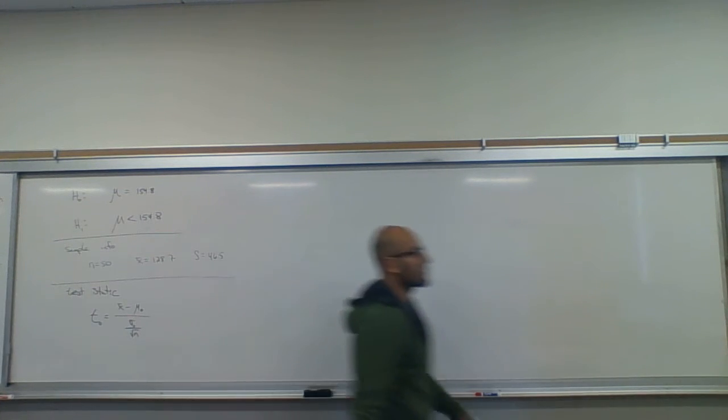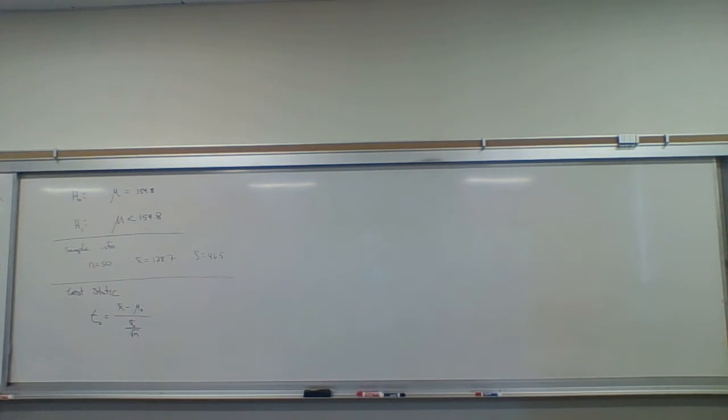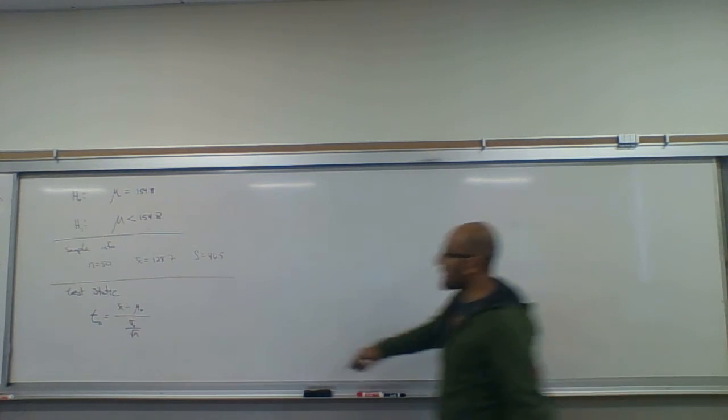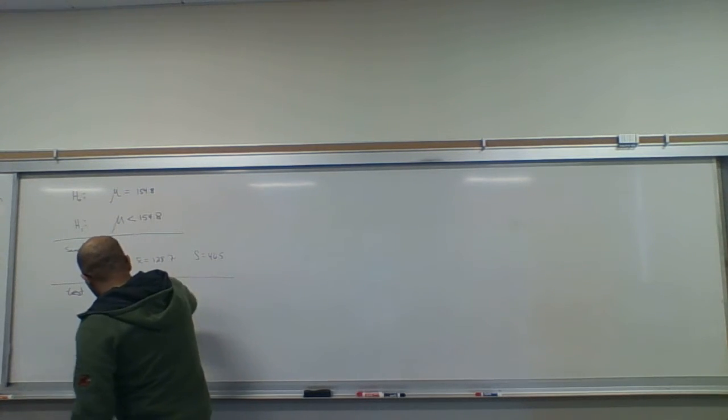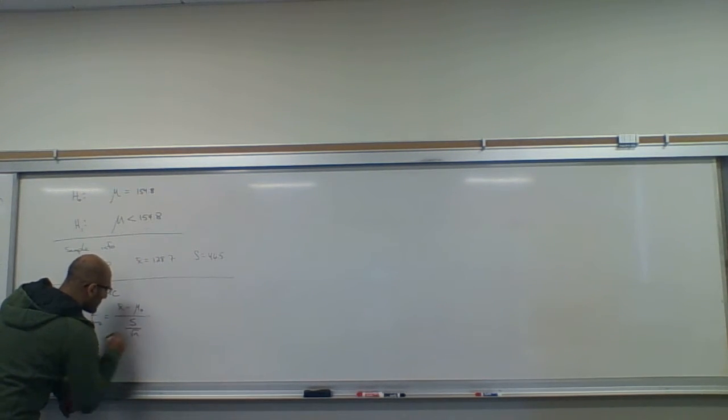Let me double check if that's the way they wrote it. Oh, they wrote s. There it is. So that's the formula you're going to get on your test: x bar minus mu sub 0 all over s over the square root of n. So it is s. We got it from our sample information. That makes sense. Write that as an s here.